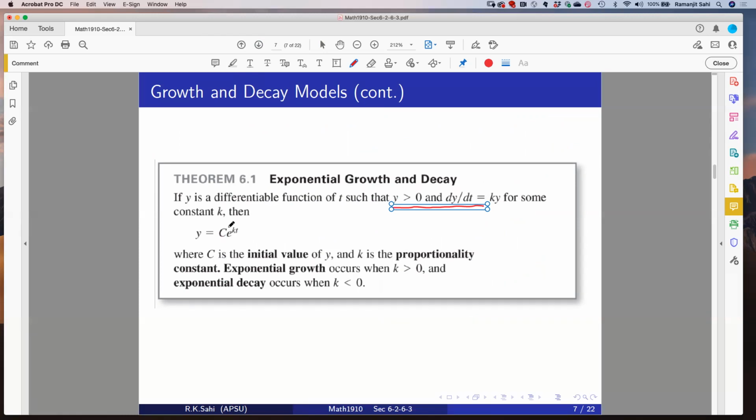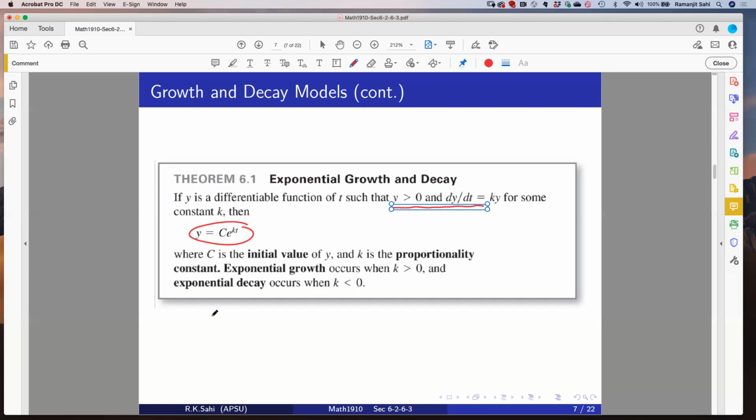Exponential growth will happen when k is positive, and exponential decay will happen when k is negative. Now, we have learned the variable separation technique. We can apply it to this equation and see that we will get this as our solution.